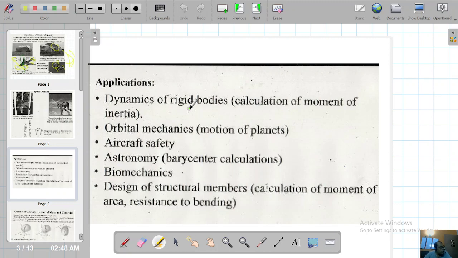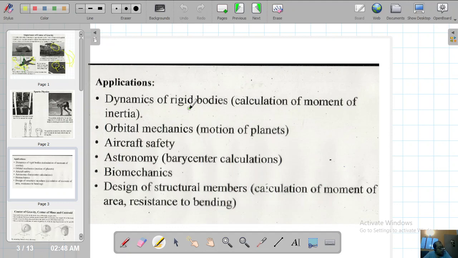As you know, this moment of inertia is basically a property of the structure which is a function of mass and radius. Okay, this is the main property. It depends upon the mass distribution of the structure and the geometry. So moment of inertia is basically resistance to angular acceleration or deceleration of the body.